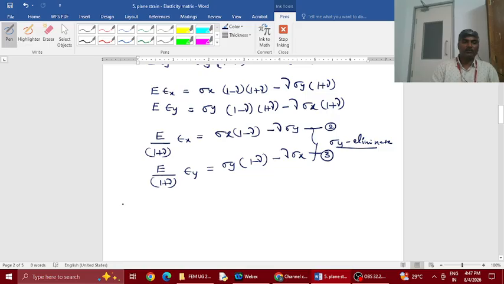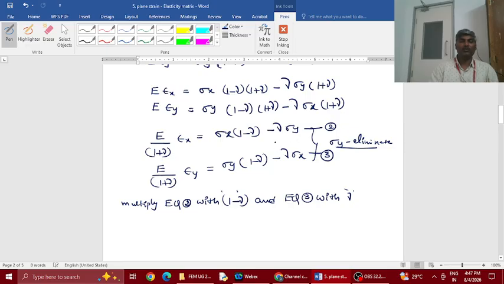So what shall I do? Multiply equation 2 with 1 minus nu, and equation 3 with nu. That will make these two terms the same.